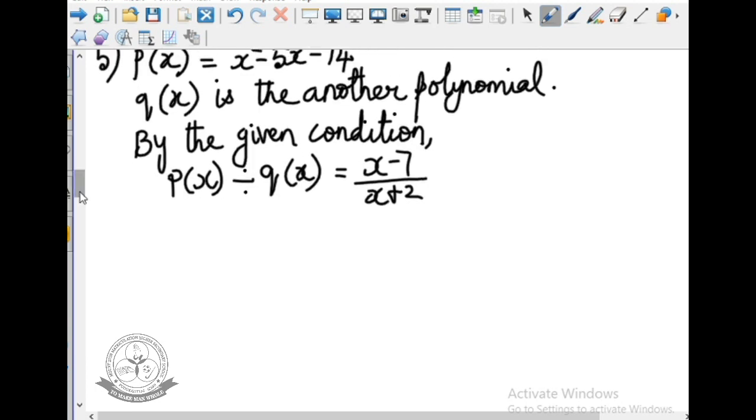Now, you have to find Q of x. So, write P of x in the fraction form, P of x by Q of x equal to x minus 7 divided by x plus 2.